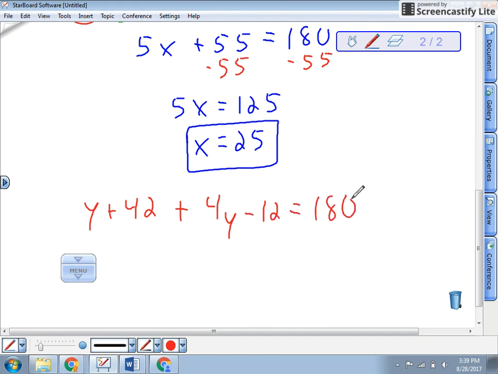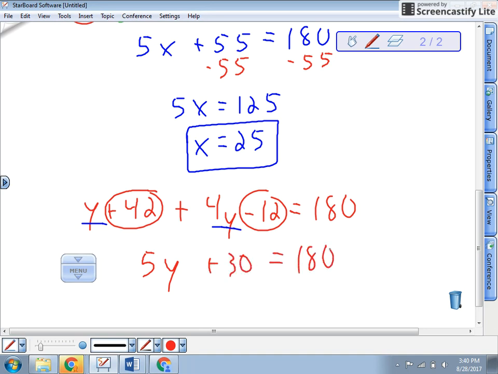We're going to use algebra again to solve this problem, to figure out what y is. And then at that point, we plug our value for y back in. So using our colors, I've got a y and a 4y. Underlining works, whatever is easiest for you. That'll give us 5y. We've got our plus 42. And we've got our minus 12. So that's going to be plus 30 equals 180. I think you guys know the steps. Subtract 30.